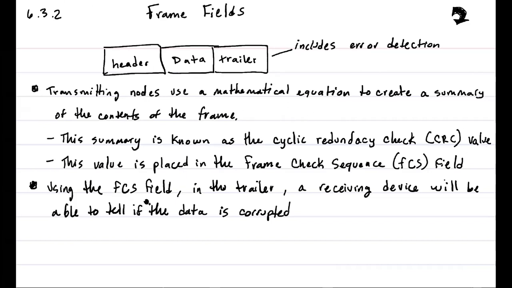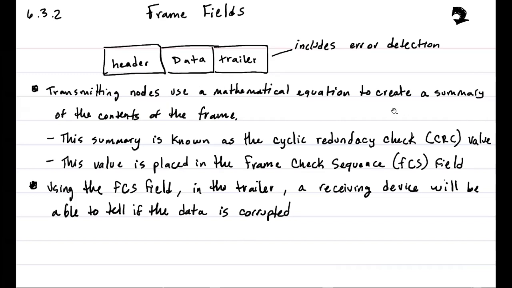Using the FCS field in the trailer, a receiving device will be able to tell if the data is corrupted. So it will look at the code that was created, a summary of all the data that was sent. The device that is receiving the frame is going to create a new equation of the data that it received, and that equation is going to give it a value.